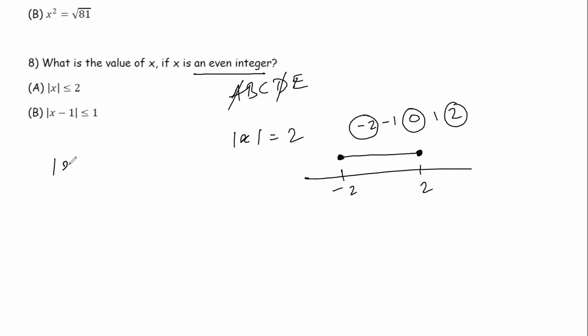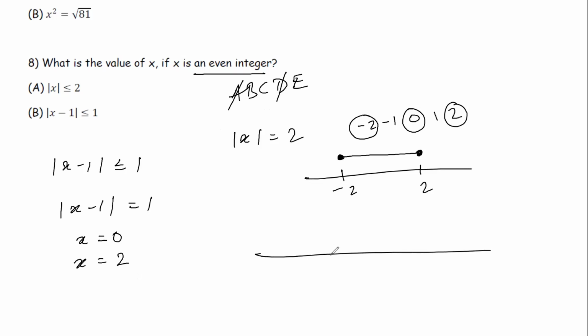Second statement says mod of x minus 1 is less than equal to 1. Now, we treat it as mod of x minus 1 equal to 1 first. So we know x is either 0 or 2. Because when x is 0, the mod value is equal to 1, and when x is 2, we get mod value equal to 1 again.